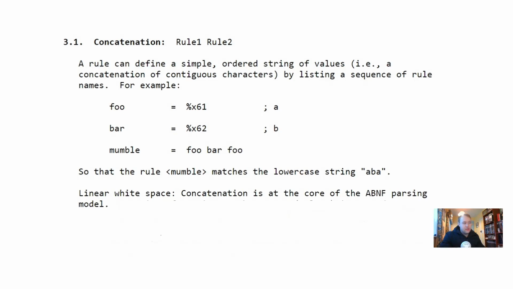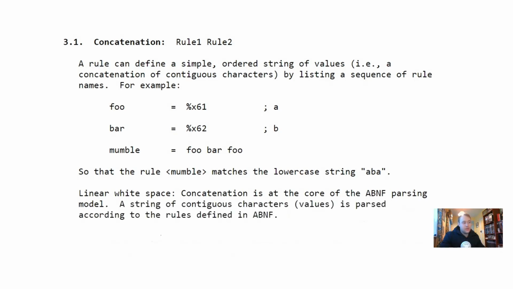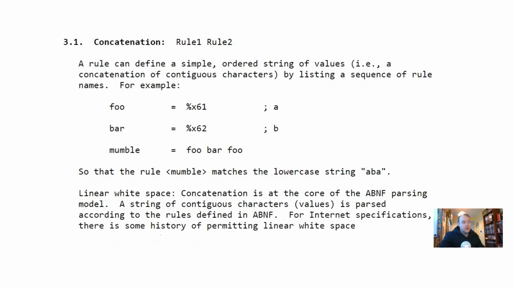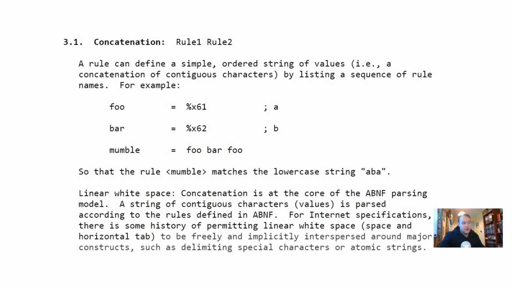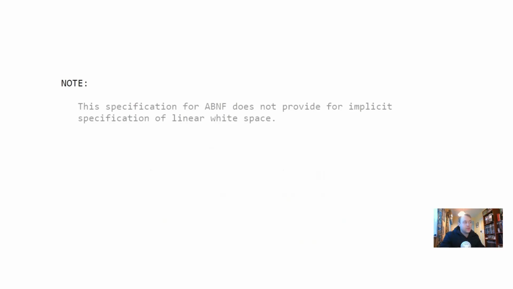Linear white space. Concatenation is at the core of the ABNF parsing model. A string of contiguous character values is parsed according to the rules defined in ABNF. For internet specifications, there is some history of permitting linear whitespace, space and horizontal tab, to be freely and implicitly interspersed around the major constructs, such as delimiting special characters or atomic strings.